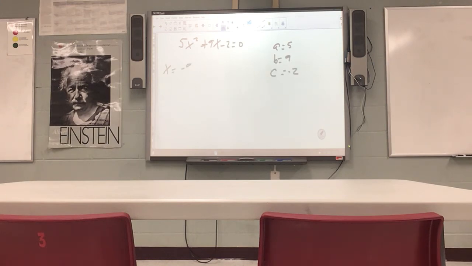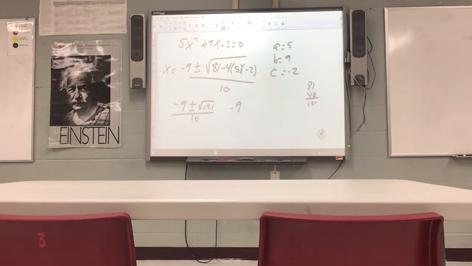X equals -b plus or minus the square root of b squared minus 4ac all over 2a. Alright, -4 times 5 is -20. -20 times -2 is positive 40. So I got 81 plus 40, 121. And 121 is a perfect square. What times itself is 121?